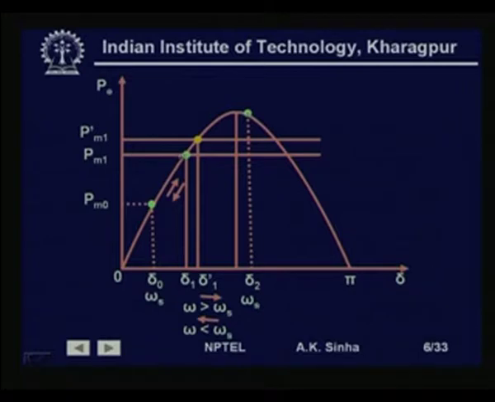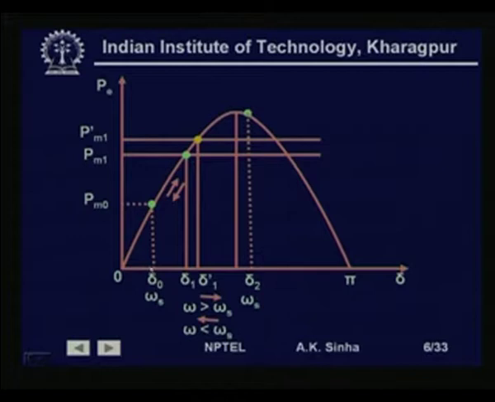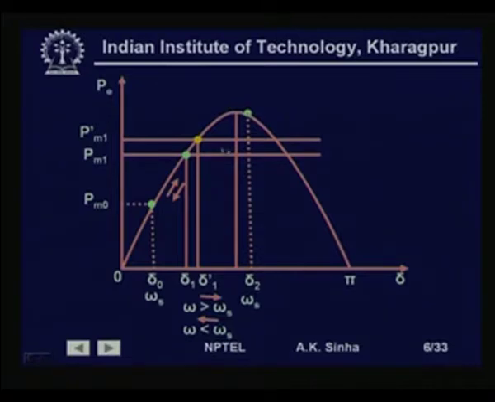However, this does not happen, because while moving from delta 0 to this point, the system has gained some speed. That is, when the angle has come from delta 0 to delta 1, the speed of the system will not be synchronous speed, but a little higher. Because of this, delta angle will keep on increasing.